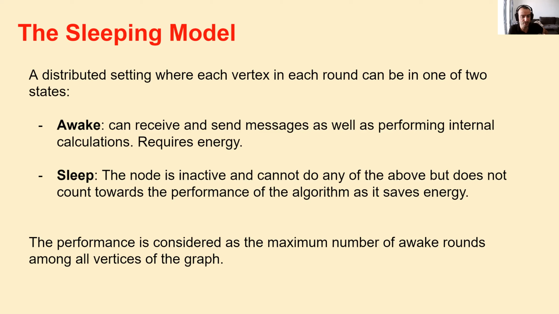Those require energy. In the sleep state, it is inactive and cannot do any of those things, but it preserves the energy, and thus we do not count it towards the cost of the algorithm for the specific problem in question. The performance is considered as the maximum number of awake rounds among all vertices of the graph.